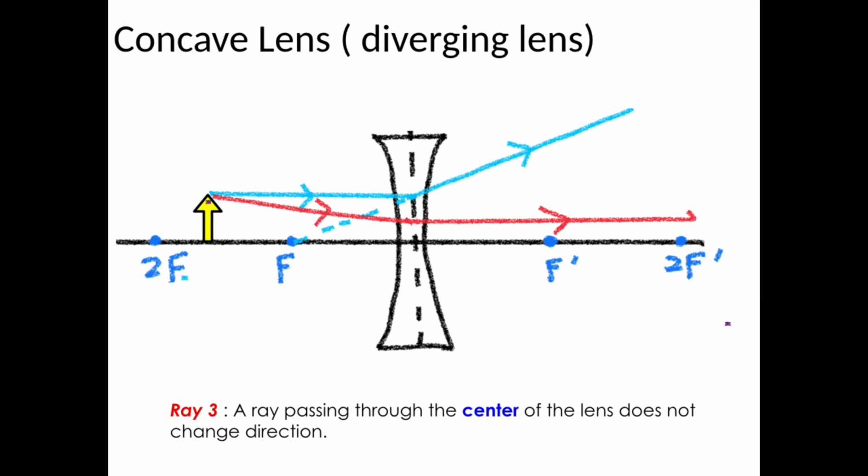And the third one we draw goes right through the center, the same as for the convex lens. It goes right through the center and the light ray is not refracted or bent.